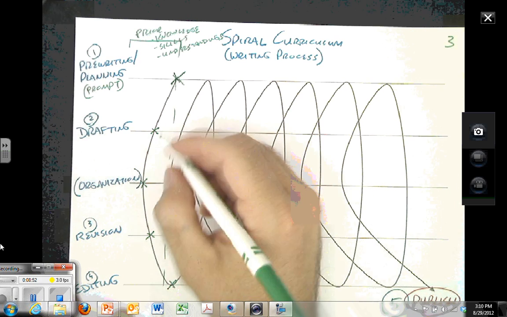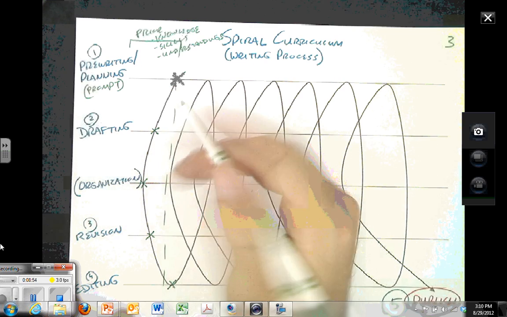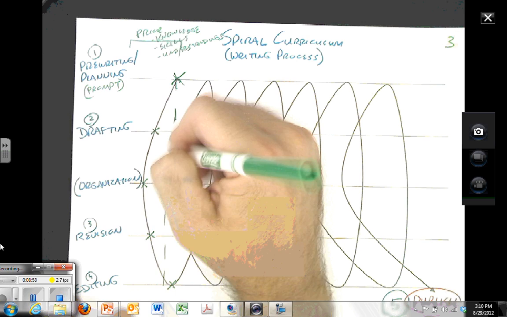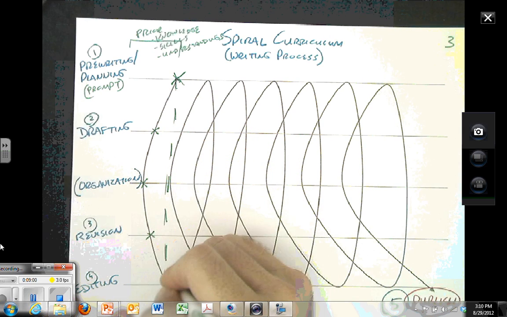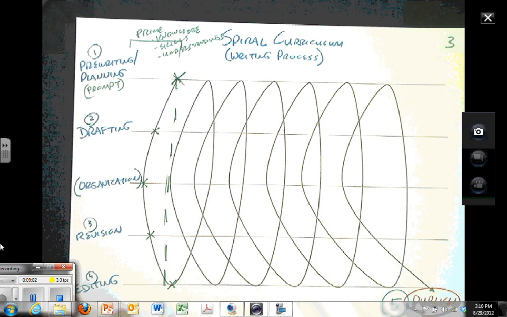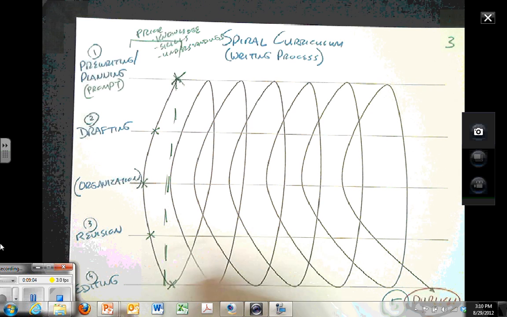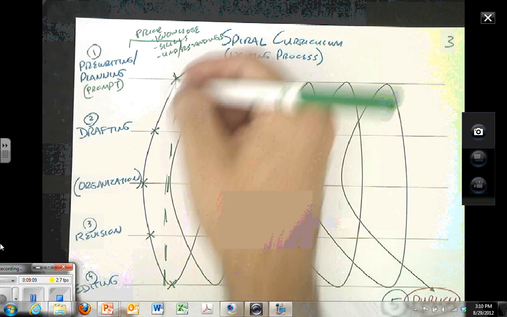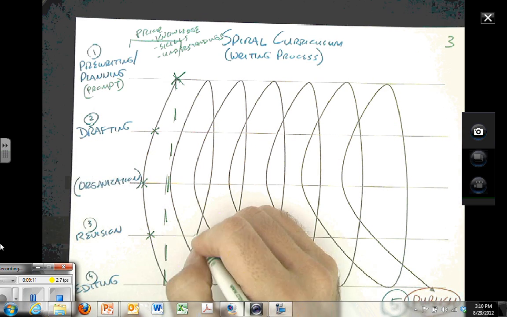But then as you build upon your expectations for it, as you begin to tell them to improve, to help them improve, to show them how working through the writing process can improve their writing, they go back and they're revising more.